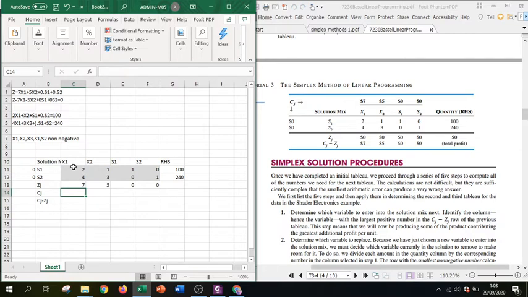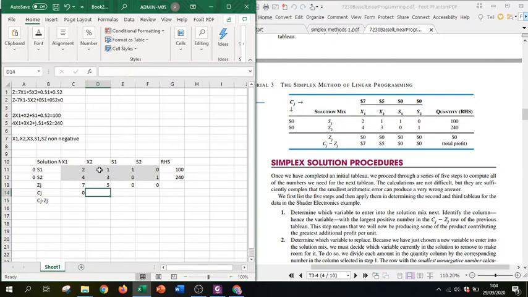From the result of this multiplication, we have 0 times 2 is 0, plus 0 times 4 is 0. So the sum of this is 0.